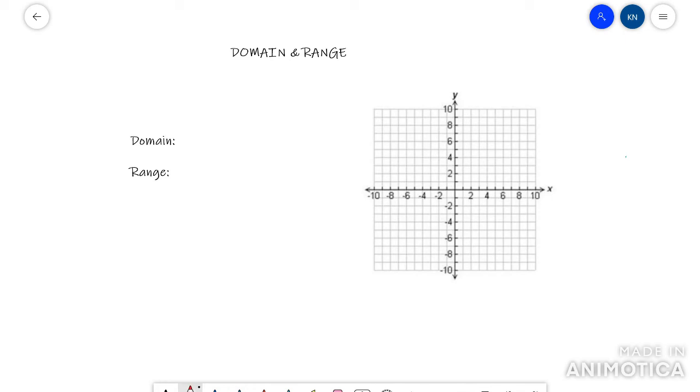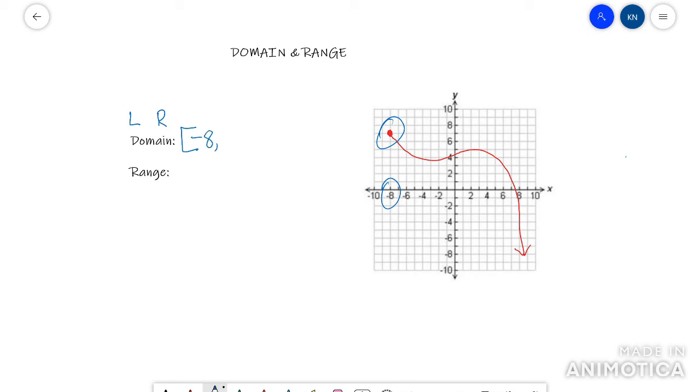Let's do something like this. All right. So just like before, for domain, I'm asking myself how far left, how far right. How far left it goes would be here. That's at -8, and it's a closed circle, so I use a bracket.